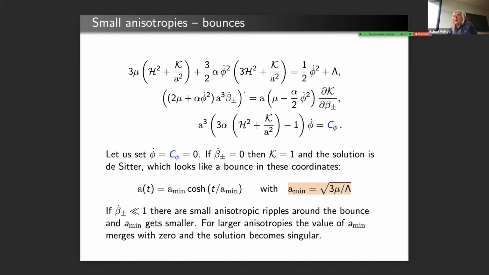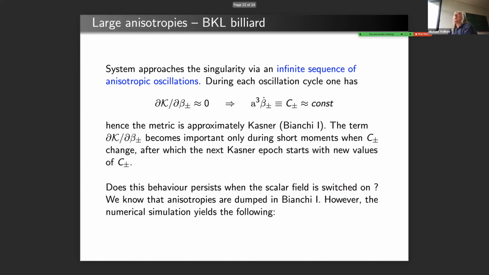Now, if you switch on anisotropies, then small ripples around the bounce appear. And if the anisotropies become large enough, then the character of the solution changes, it becomes singular, and it shows an infinite sequence of anisotropic oscillations.